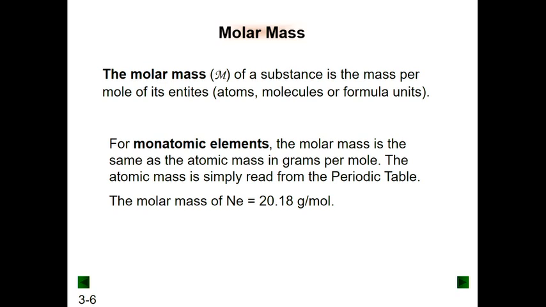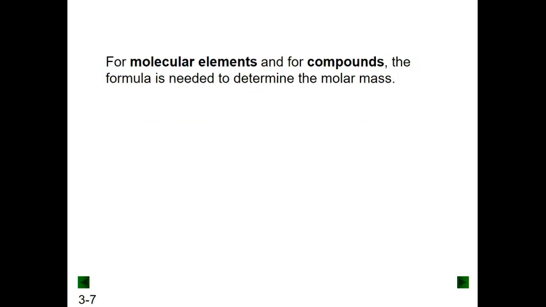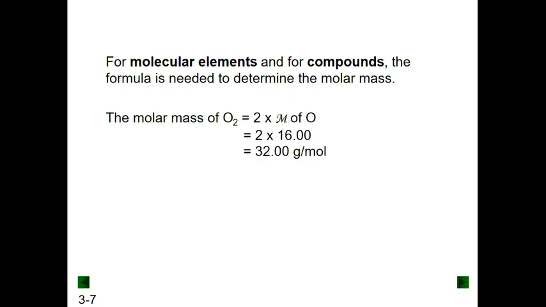And remember, 1 mole is 6.022 times 10 to the 23rd of those atoms. For molecular elements and compounds, the formula is needed to determine the molar mass. In this case, it's just multiplying 2 times the atomic mass of oxygen, so it's 32 grams per mole.